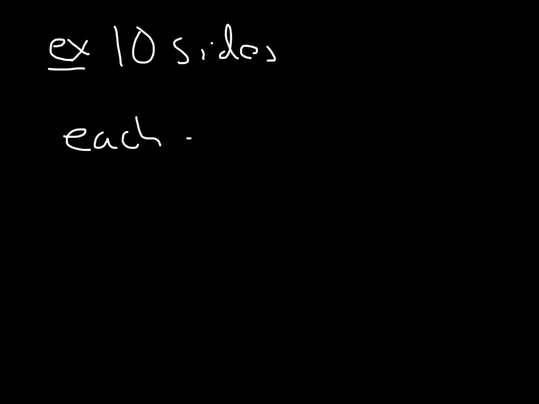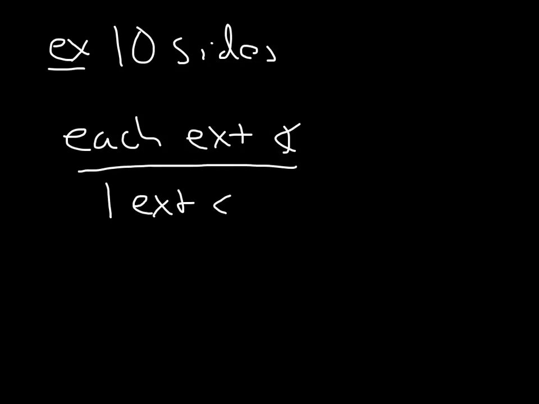So you can be given problems to solve for this. And so for an example of this, suppose you have a 10-sided figure, and it's a regular polygon. If they ask you what's the measure of each exterior angle, well, that's the same as saying what's the measure of one exterior angle, right?